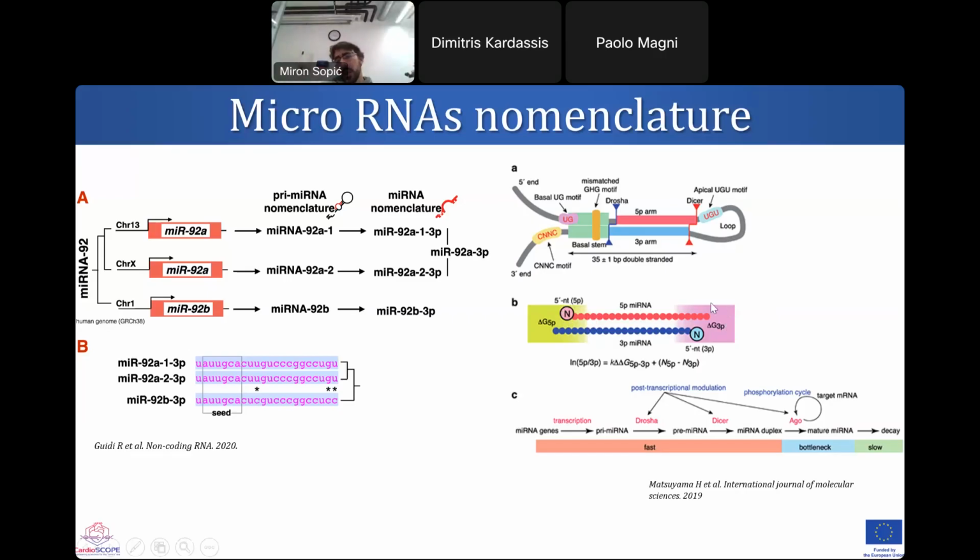What really defines this is the energy of the 5' ends of both strands. The lower the energy, the lower the stability, and basically if stability is lower, then that strand is going to be used by RISC as the strand that's going to target certain mRNA.